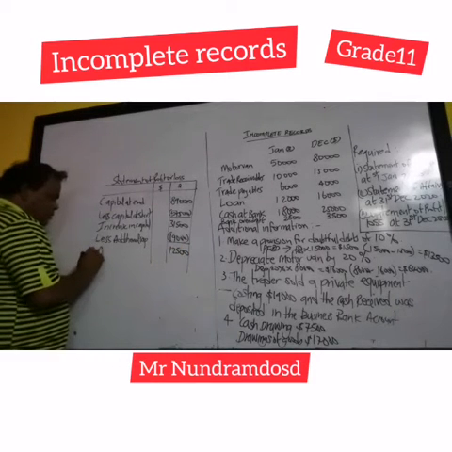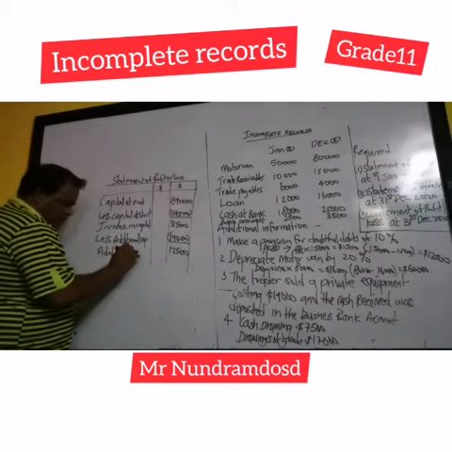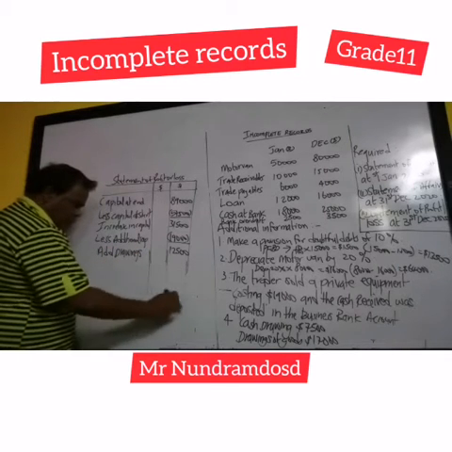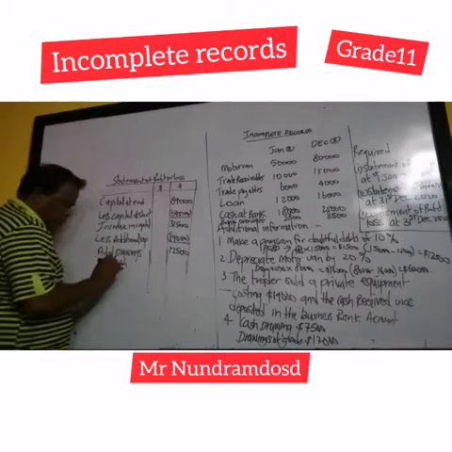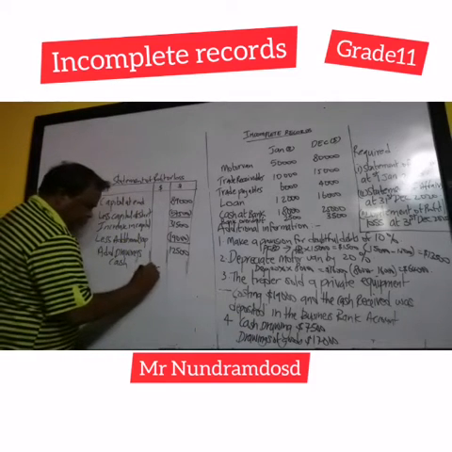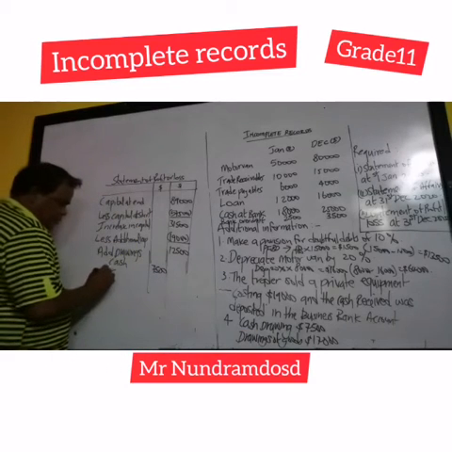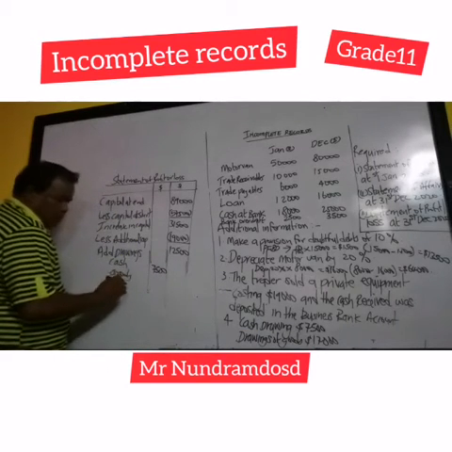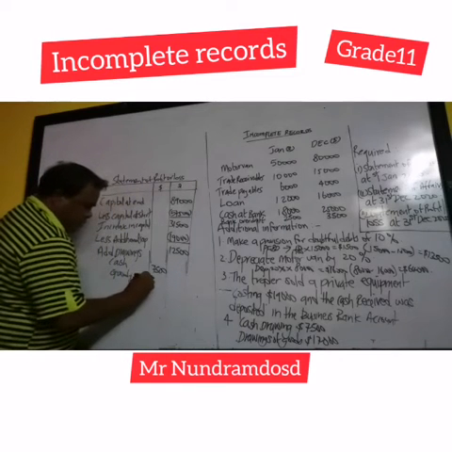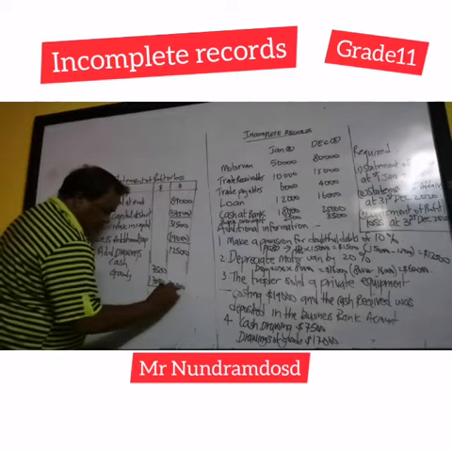And then we add drawings. We have two drawings. We have cash drawings. Cash drawings, how much? 7,500. And we have drawings of goods, 17,000. We have to add both. This will give us 24,500.